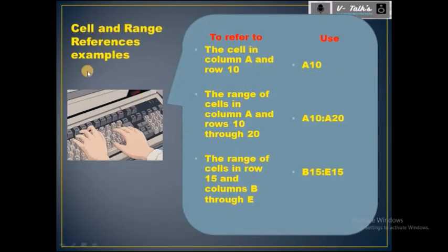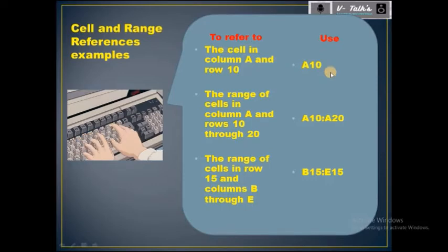Cell ranges and references with examples. So here you can see, for example, if you want to refer to the cell in column A and row 10, you will always use A10.